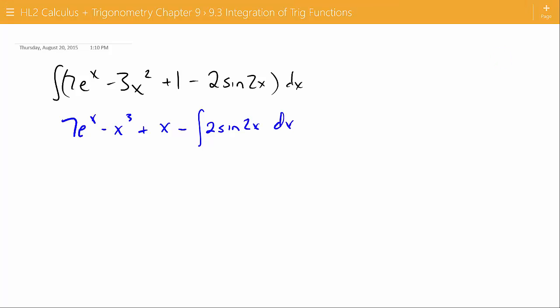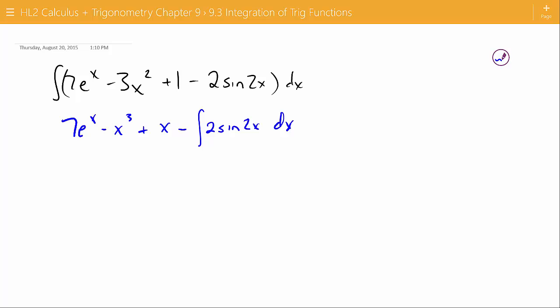I'll write this one out. It's a little bit bigger of an antiderivative. I'm going to take it a little bit slow. Again, if we do a u substitution, we know that we need a 2 dx to get our du, and the antiderivative of sine is cosine. So I have my 2 dx to get my du.